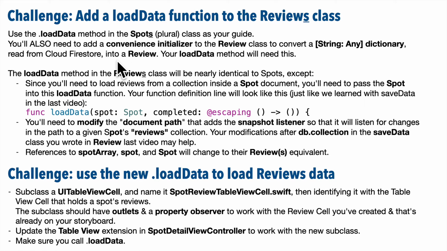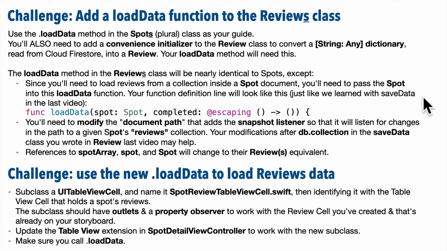Now this load data method in reviews will be nearly identical to the one in spots, but since we'll be loading reviews from inside of the reviews collection that's inside of a spot document, we need to pass in a spot document as a parameter to the load data function. So you can swap out the definition line for the old load data with this one here, and this is very similar to what we did in the previous video when we needed to change the function definition line for save data.